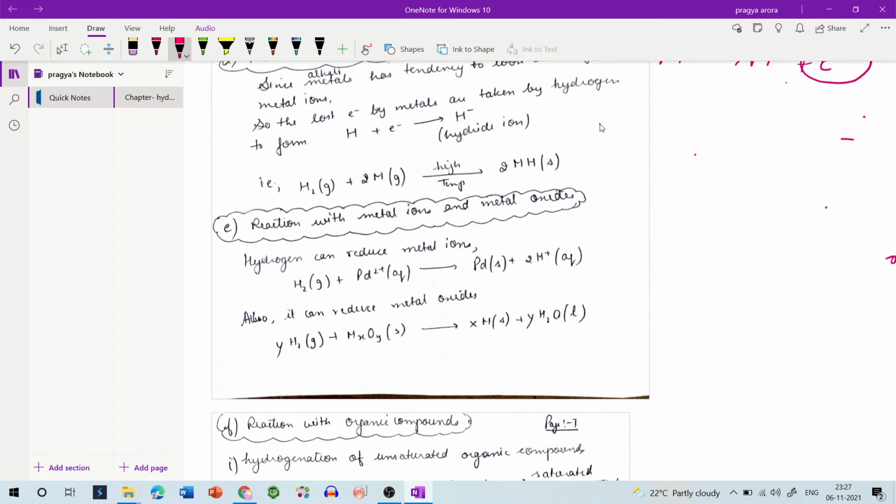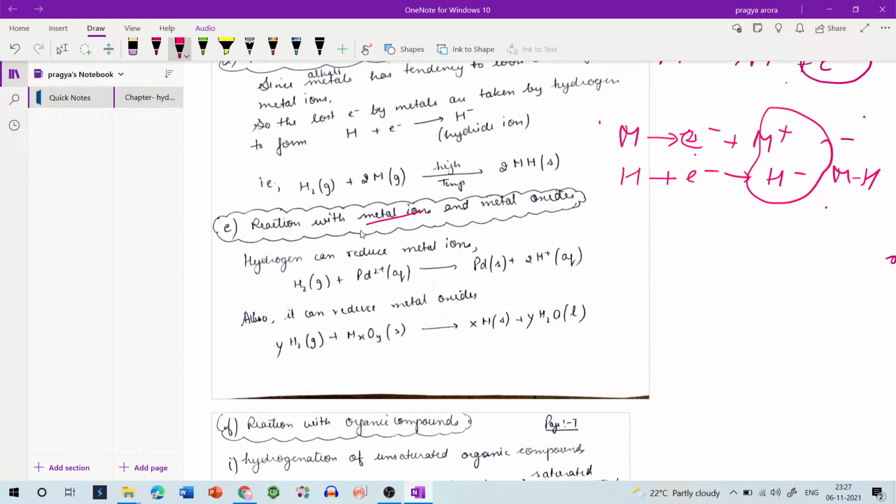They will lose electrons to form ions, and hydrogen will gain this electron to form H minus, and this will combine to form metal hydride. Now, if metal ions are present and these are of D block elements.